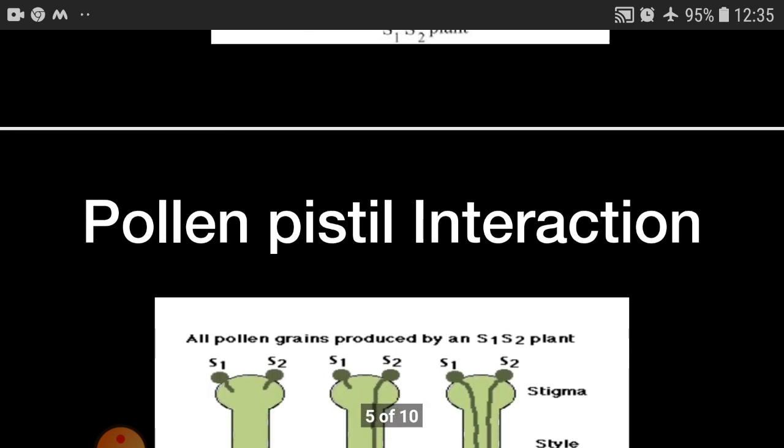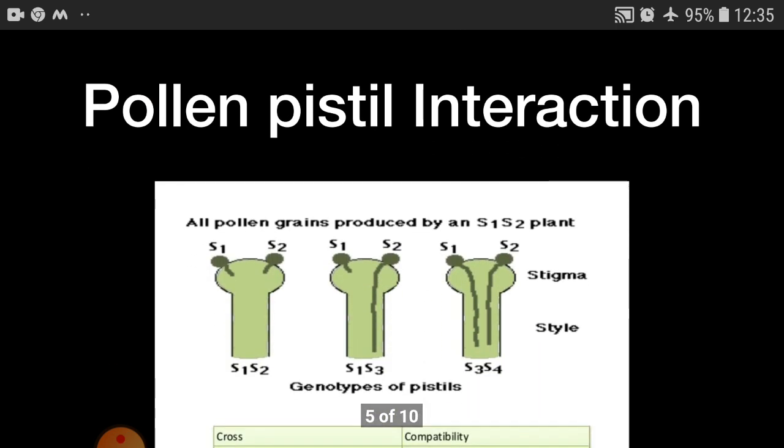Understood? So now the next part we take is the pollen-pistil interaction. Now what is this pollen-pistil interaction? Pollen-pistil interaction means what will happen when the pollen falls on the pistil or the stigma after pollination.